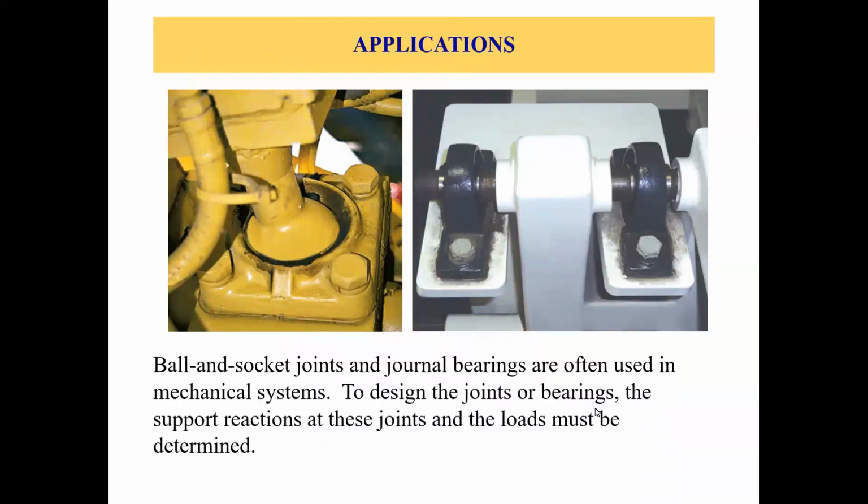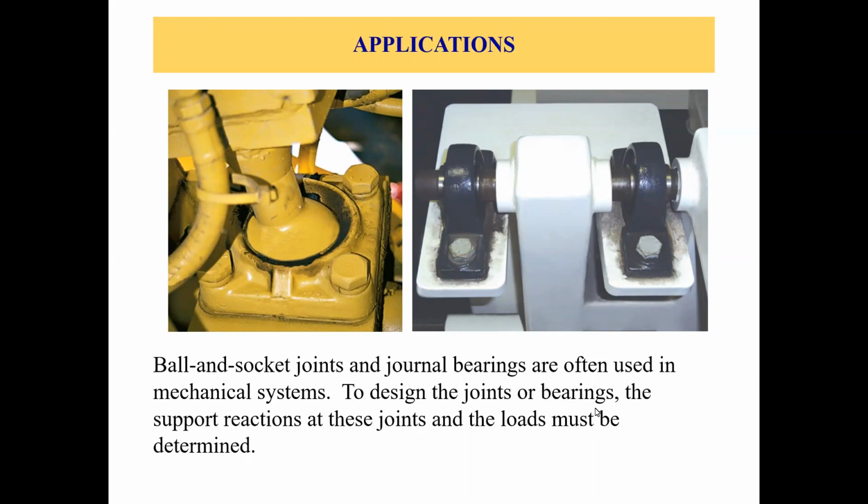Let's talk about applications, right? So in this picture on the left side, you can see a ball and socket joint, right? If you happen to have a look at different mechanical equipment, different machines, you must have seen this ball and socket joint. And on the right side, you have a journal bearing, right?